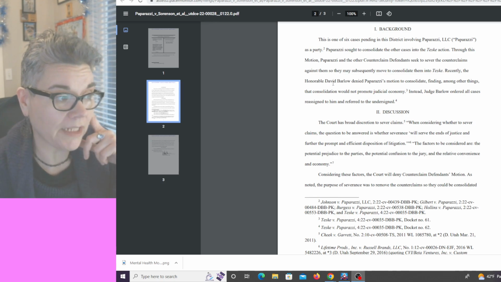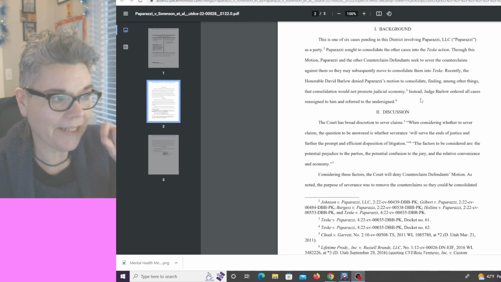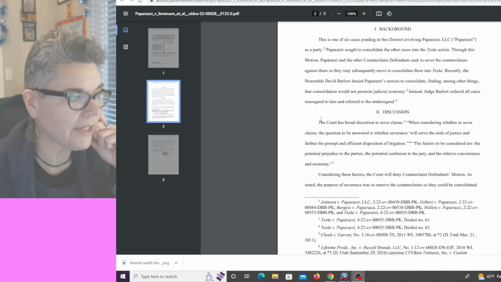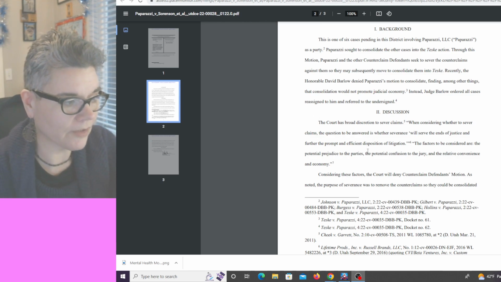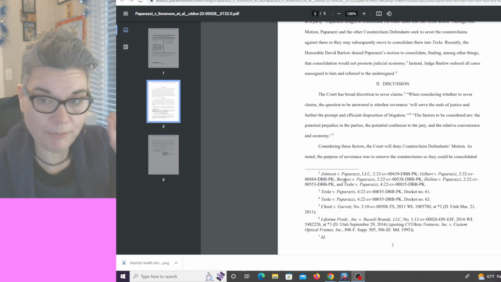Recently, the Honorable David Barlow denied Paparazzi's motion to consolidate, finding, among other things, that consolidation would not promote judicial economy. Instead, Judge Barlow ordered all cases reassigned to him and referred to the undersigned. Okay? And that's number 4.